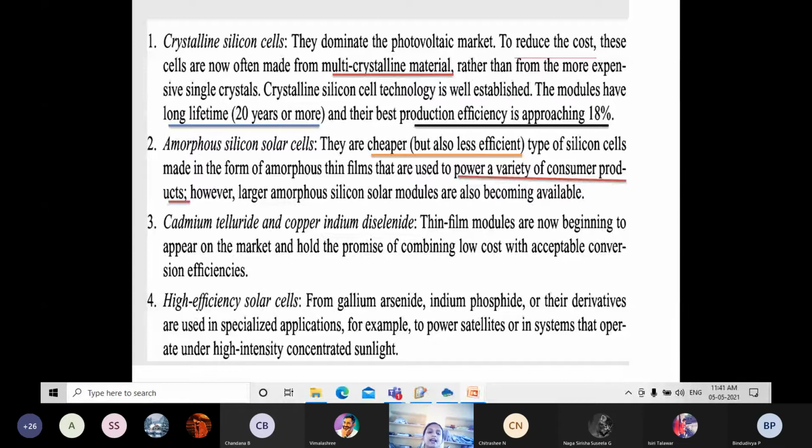Cadmium telluride and copper indium diselenide.